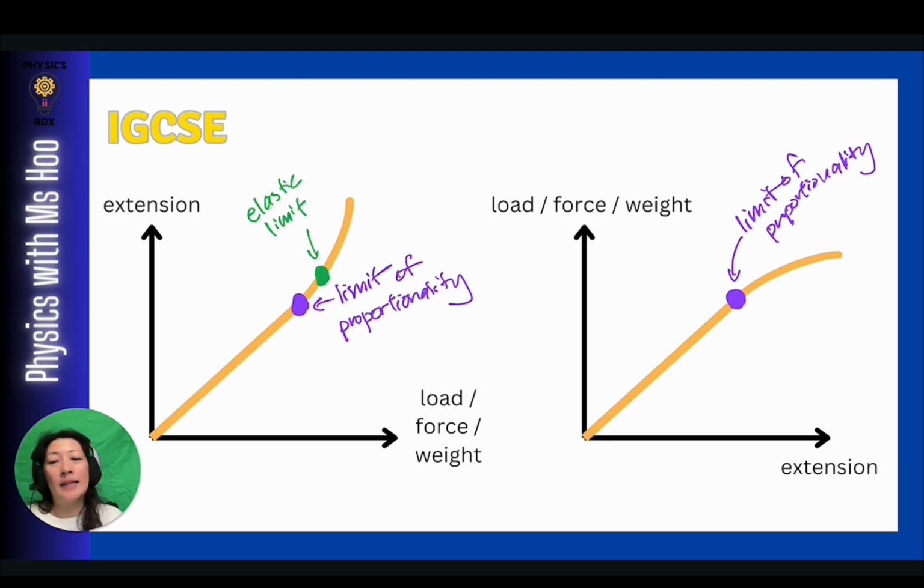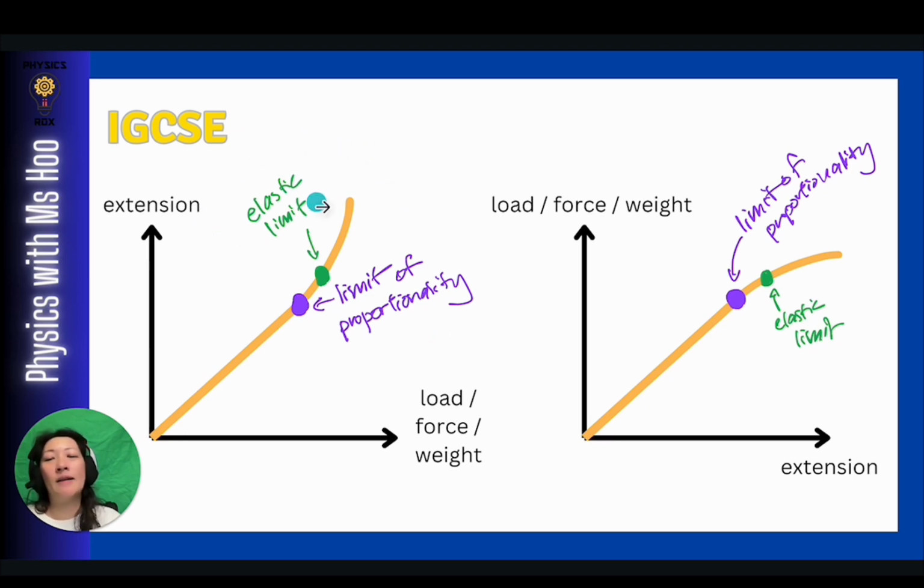The elastic limit is slightly higher, but again, how much higher, it depends on the spring. So that's why in IGCSE, they will not ask you to identify where the elastic limit is, because it's not a point that is easy to determine. So they'll only ask you to identify the limit of proportionality.